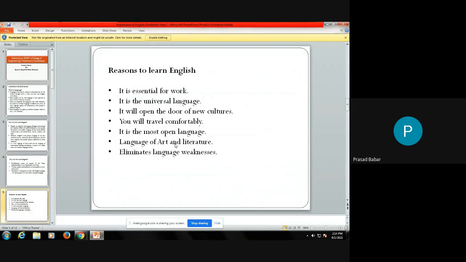Okay, so for completing his work or for having official documents or others, he will have to communicate either in English or in Marathi.